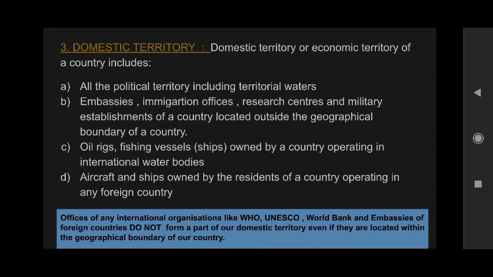In the same way, an Indian embassy in Japan will be a part of the domestic territory of India and not Japan. So offices of any international organizations like WHO, UNESCO, World Bank, and embassies of foreign countries do not form a part of our domestic territory, even if they are located within the geographical or political boundary of our country.